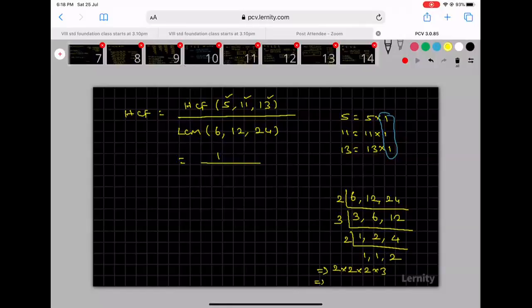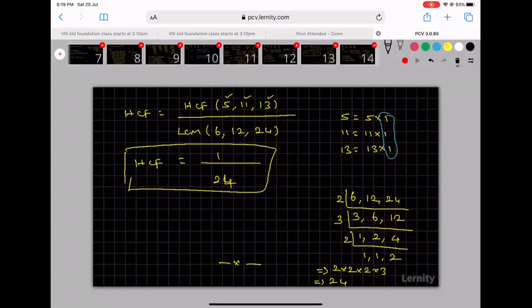There are three 2s, so the answer is 24. So my answer is 1 by 24. That is, HCF is equal to 1 by 24. Okay. Problem number 5 is over.